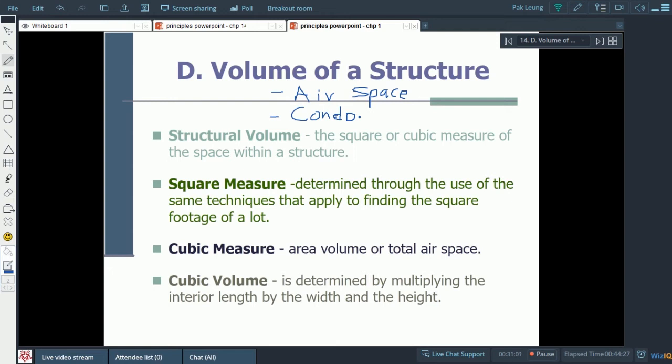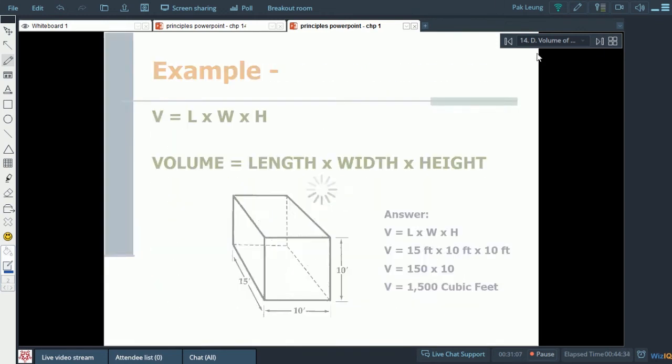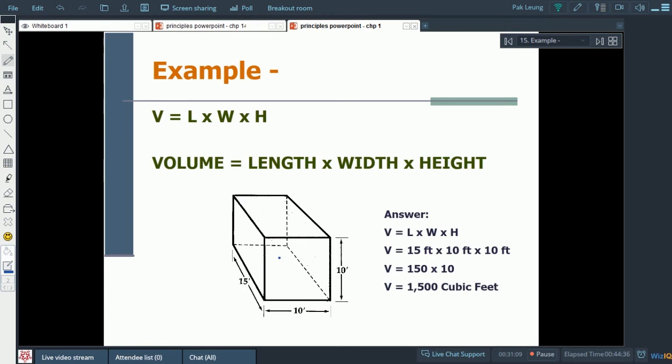Because typically condos have what? Second floor, third floor, right? You don't have land, 没有地皮的. Condo. But what do you have? 你有你的空间. You have your airspace. Alright, how to do the volume? The missing thing for this room here, the volume of this room, is the height.